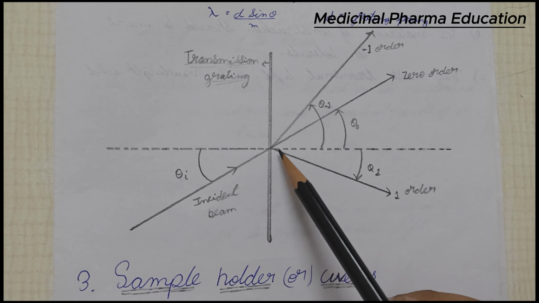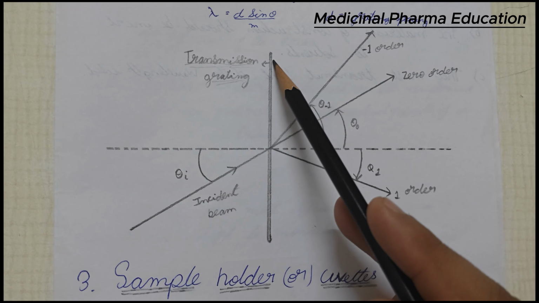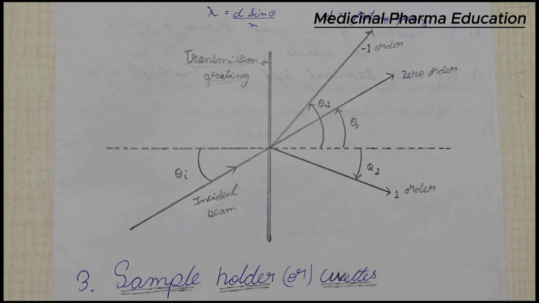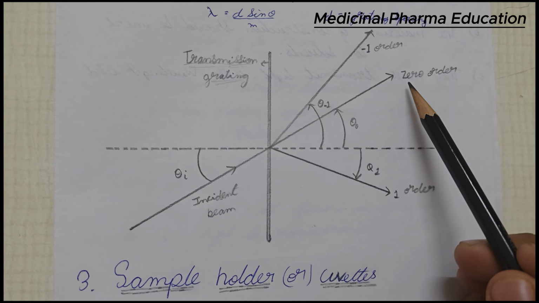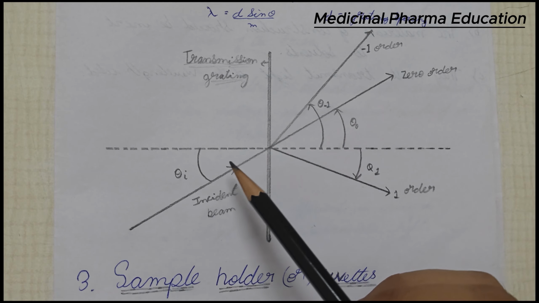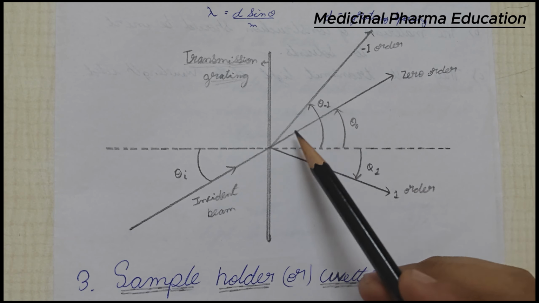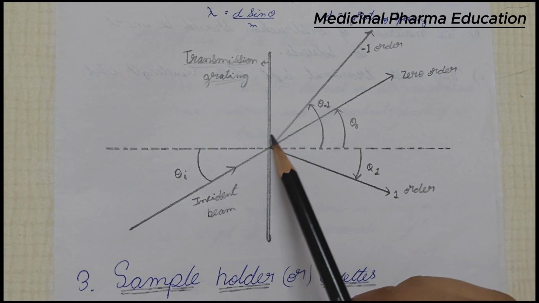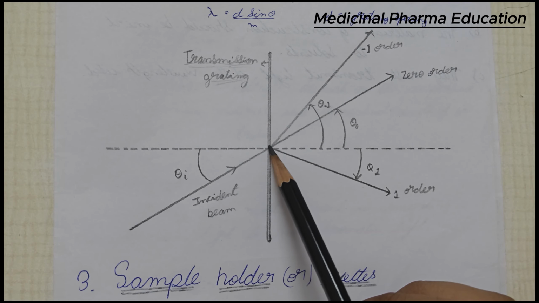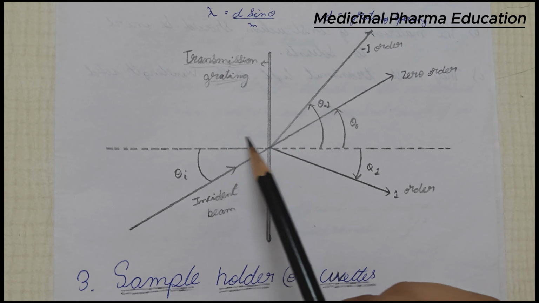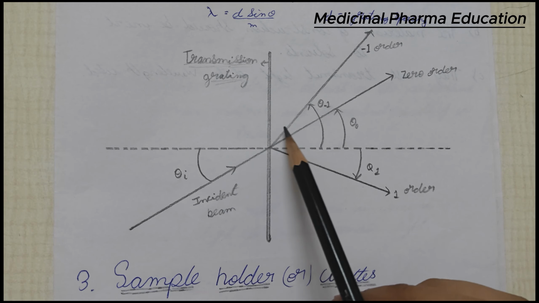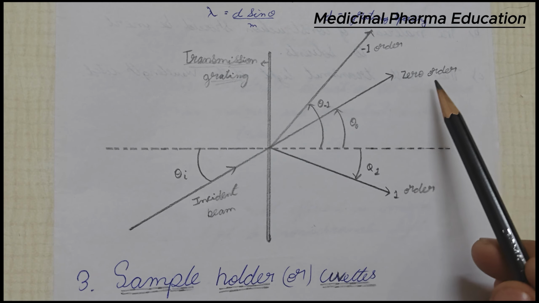Here, as the incident ray passes through the transmission grating, the refracted light passes through this layer, which does not allow the unwanted light, and it reflects back or absorbs the unwanted radiation and only transmits the wanted radiation.